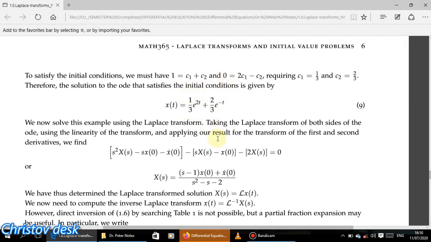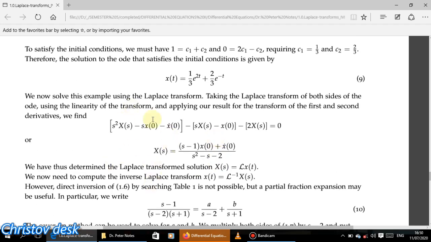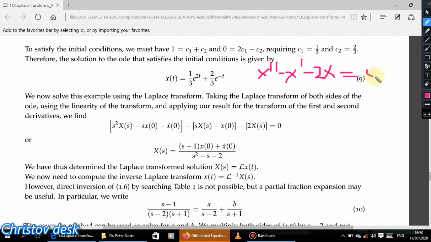All right, so now what if we are trying to take the Laplace? What happens when we are trying to take the Laplace? Okay, yeah, so when we are taking the Laplace, what we are saying is that you have to know the Laplace transform of, remember that the equation is x prime prime minus x prime, right, minus 2x equal to 0.